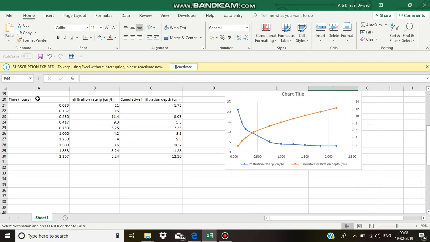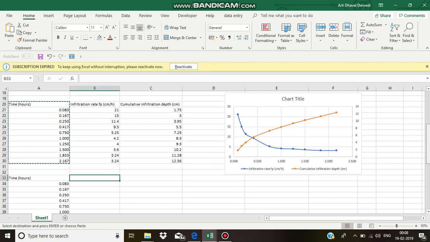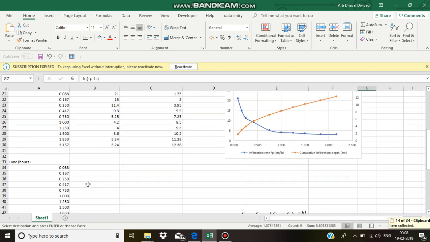So time, ln Fp minus Fc, we've already calculated this. Paste values.